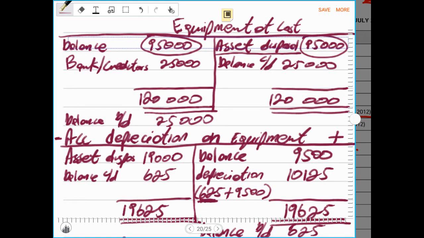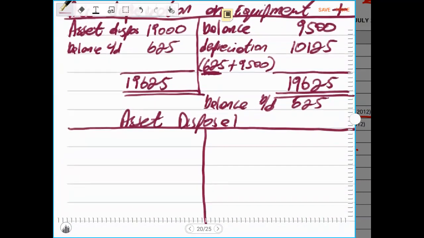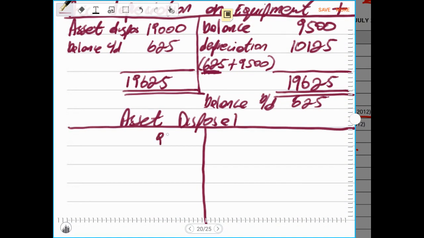In the equipment ledger account, we have credited 95,000 rands, and the contra entry was asset disposal, which means that asset disposal must be debited by 95,000 rands. The contra entry must be that ledger account being equipment, or you can mention it as old equipment.